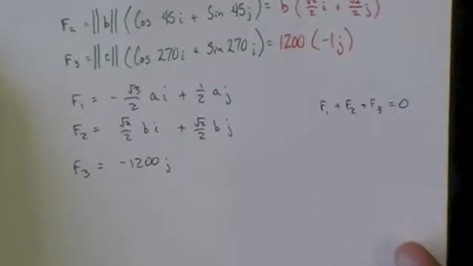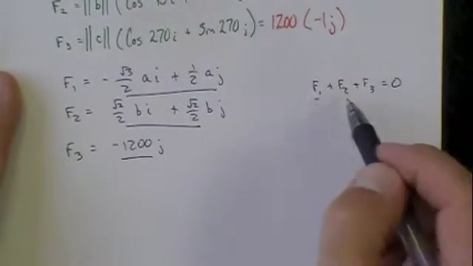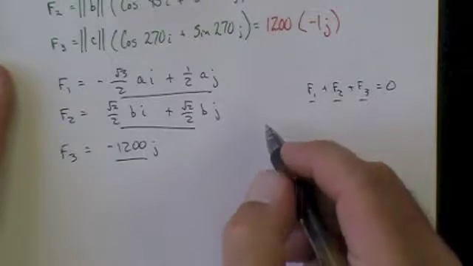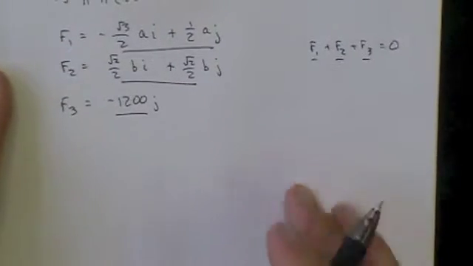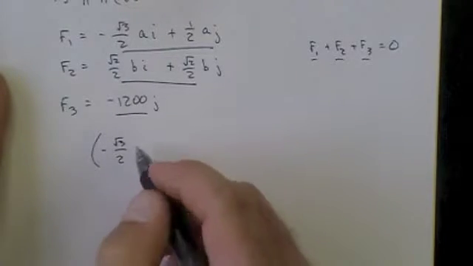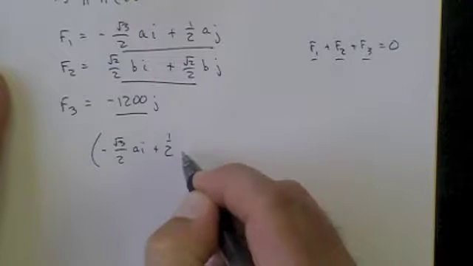So now what we're going to do is plug in these values for our force 1, force 2, and force 3. And so that's going to look like negative square root of 3 over 2 and 1/2.